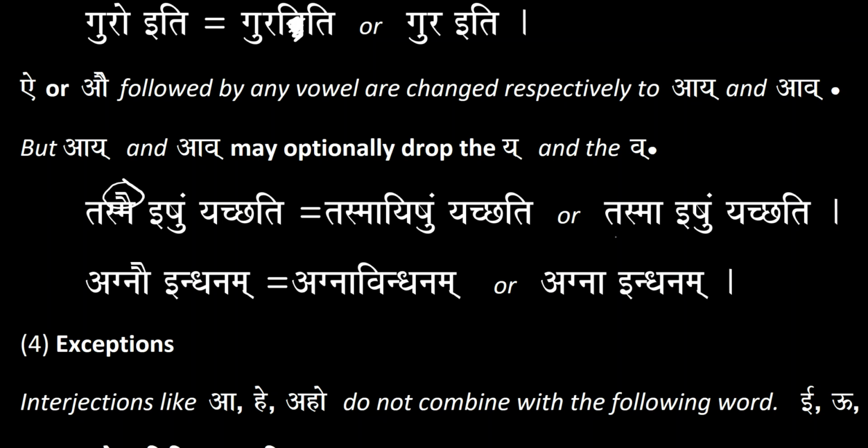Or you could have tasma ishum yachati. Or you could have agno indhanam. The o is going to turn into av, so you have agnav indhanam. Or you can change it to agna indhanam.